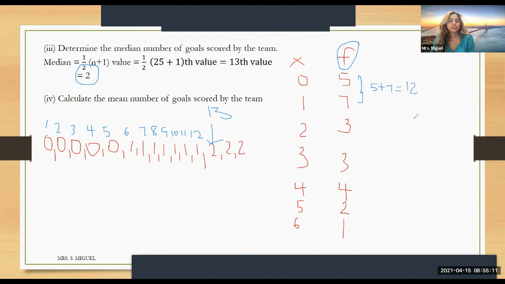We have not reached the 13th value, so when we add 12 and 3, that is 15. So the 13th value lies here. Either you use the raw data or you use the sum of the frequencies. So take it down and then we'll go to the mean.